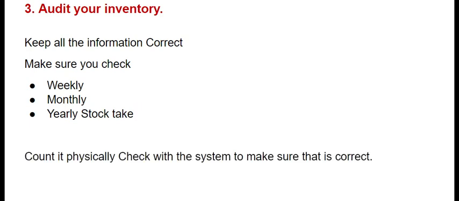So you have to physically check the parts and check them against the system to see the variance, because sometimes you throw parts away and don't know, or someone might have miscalculated, so that might happen. So keep checking your inventory physically and against the system.